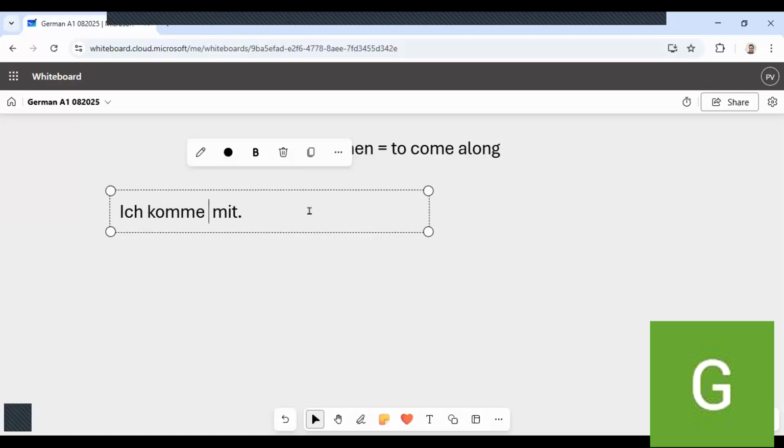Honestly, the sentence can be just like this. Ich komme mit. That's it. Because it's self-explanatory that he is coming from the airport, but since we are learning the Trennbar verb, we should know that the mit should be at the very end. We should frame something in between in the sentence, and then the mit.